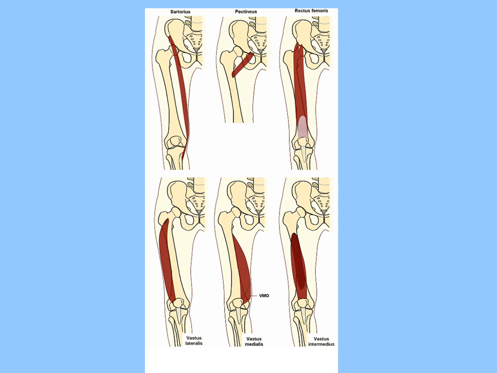The functional component of the vastus medialis is called the VMO, or vastus medialis obliquus. This is a distal component of the vastus medialis where the muscle fibers run more obliquely.